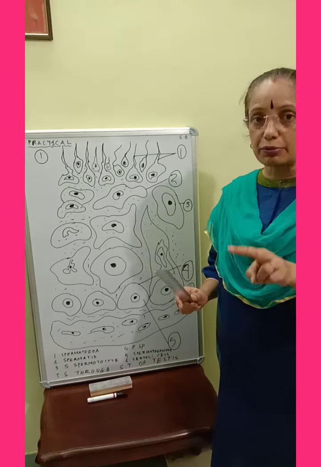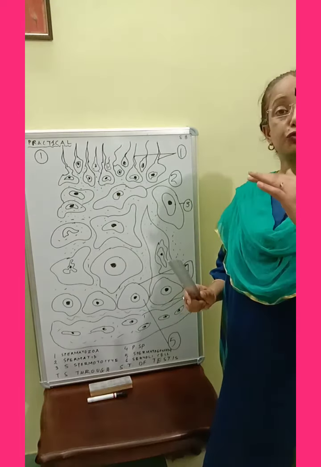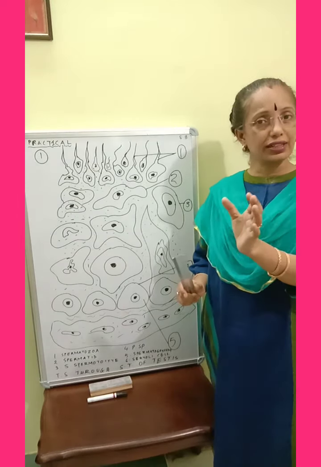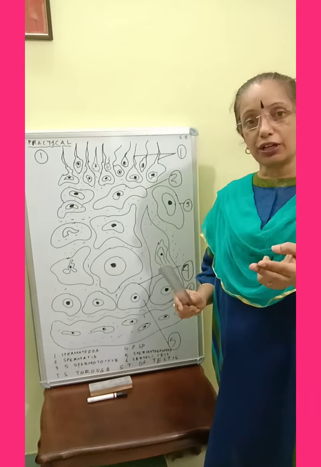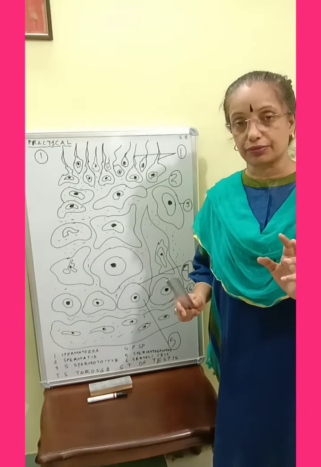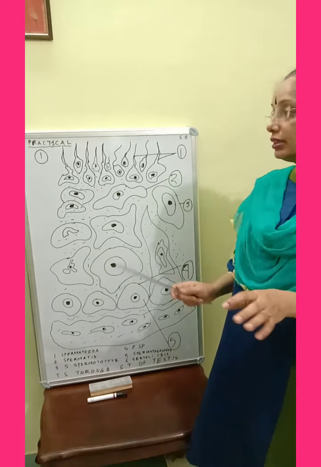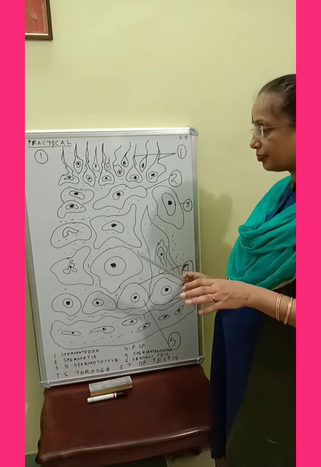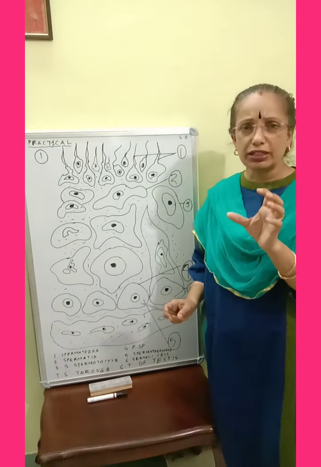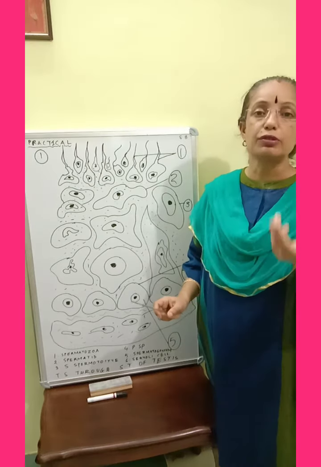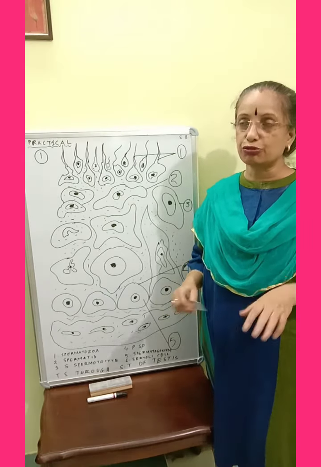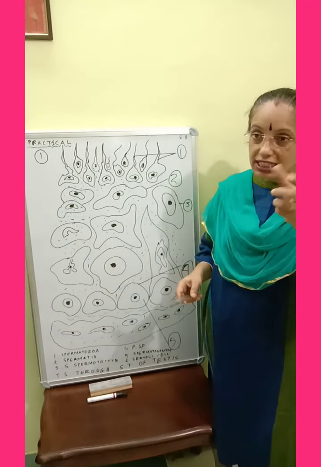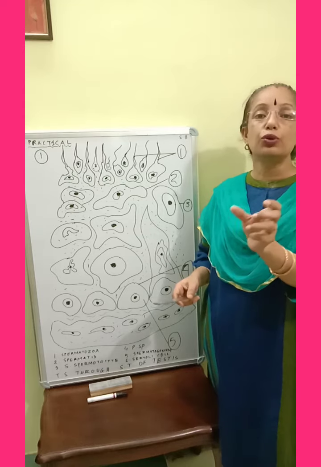So from two primary spermatocytes we are getting 4 secondary spermatocytes having 23 chromosomes each, because second meiotic division is equational division. And further, the structure which we are getting after secondary spermatocyte is spermatid. Spermatid is ready to transform into sperm. That transformation is spermiogenesis.